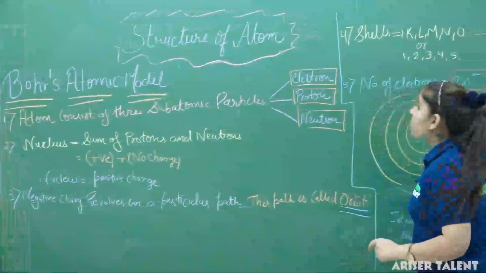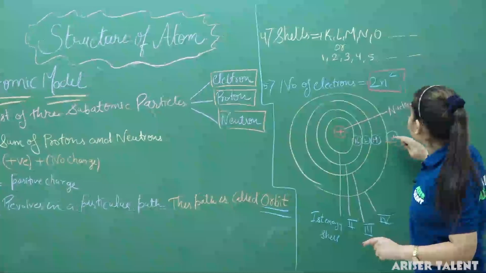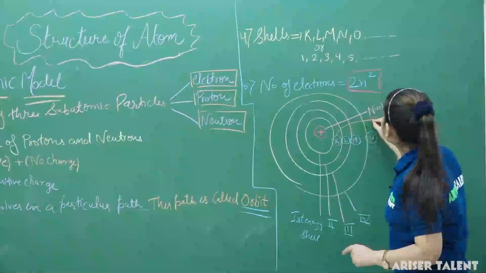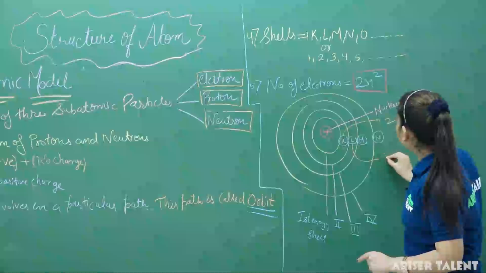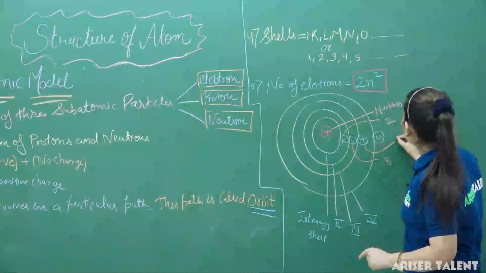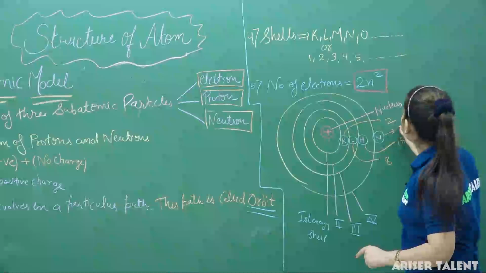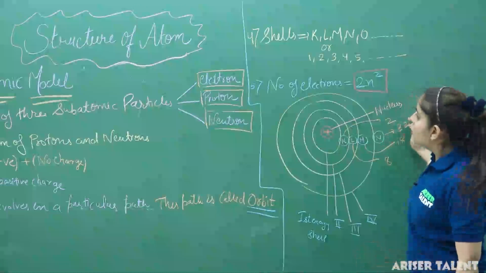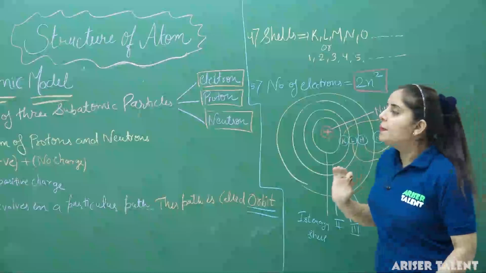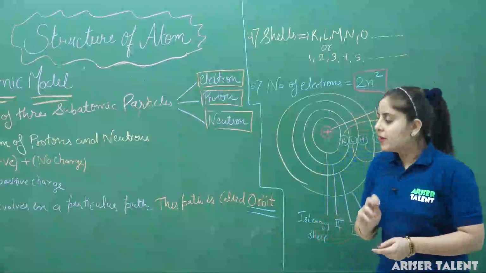So the number of electrons in a particular shell is fixed: for K it is 2, for L it is 8, for M it is 18, and for N it is 32.